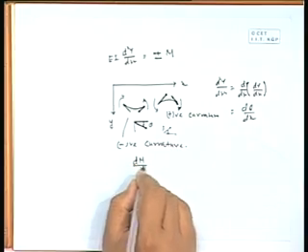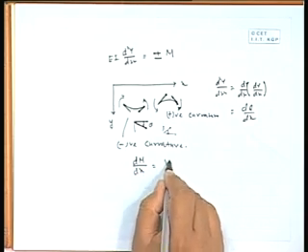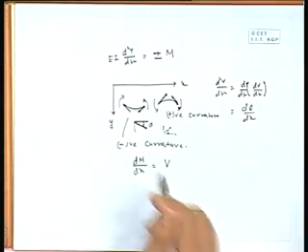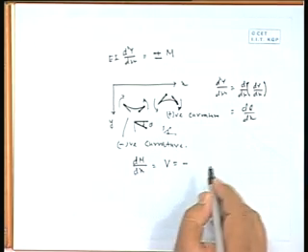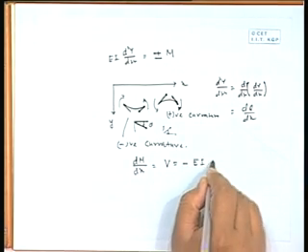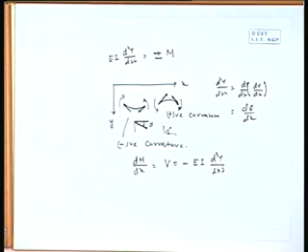Now, the next part is dM by dx. If you take the derivative of a moment, you will get shear force, or if we put it here, it will be minus EI d3y dx cube. So, shear force is what? Derivative of moment.